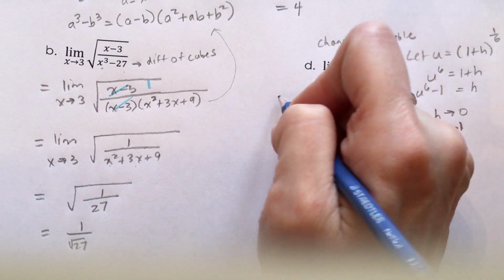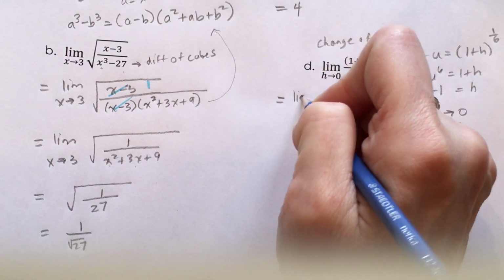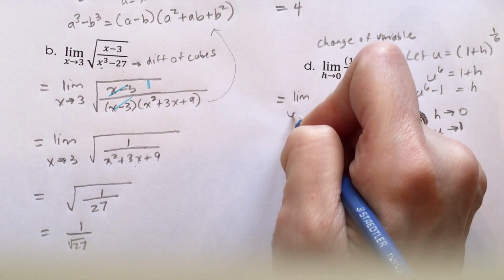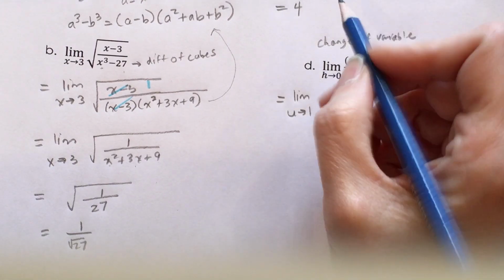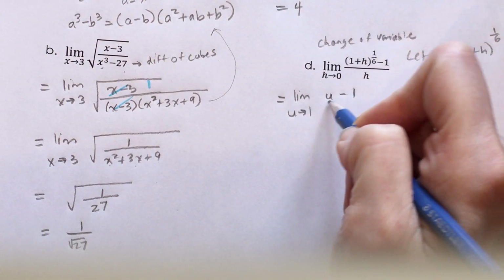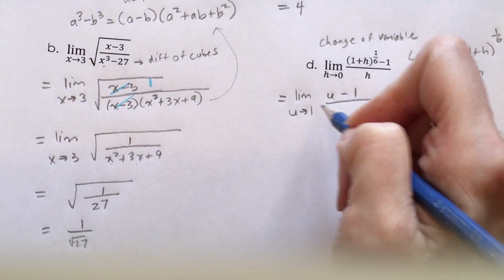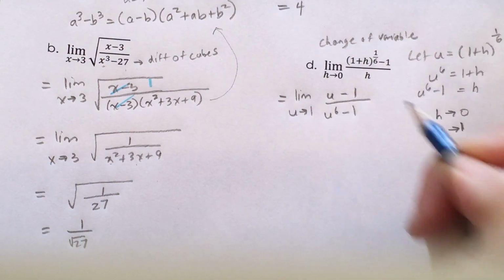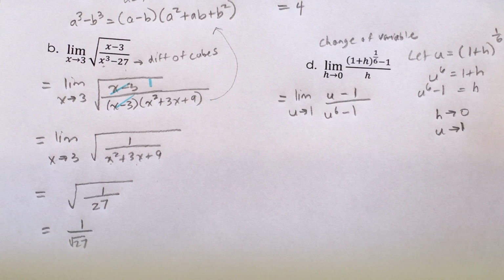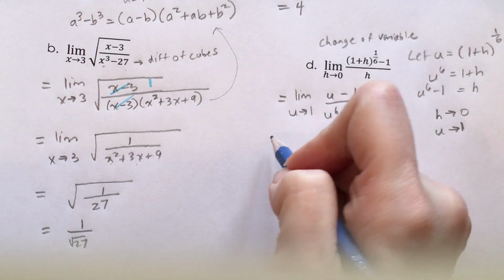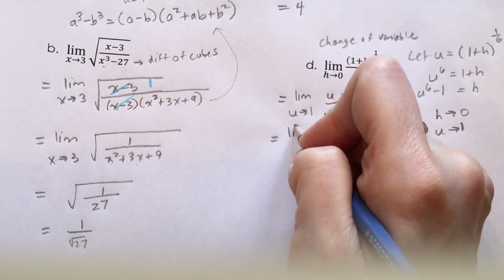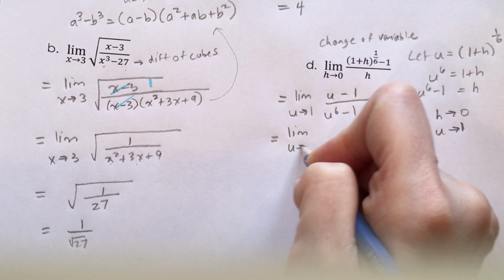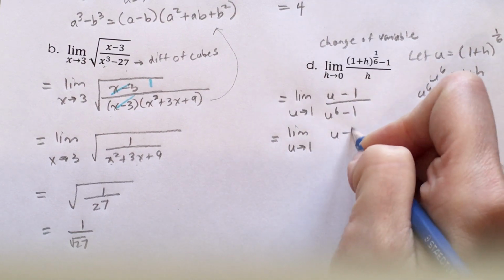And now we can change our limit over. So we've got the limit, so we want to change h to u as u approaches 1, of 1 plus h to the 1/6, so that's u minus 1, over h, which we found was u to the 6 minus 1. So we can use factoring now in our denominator.